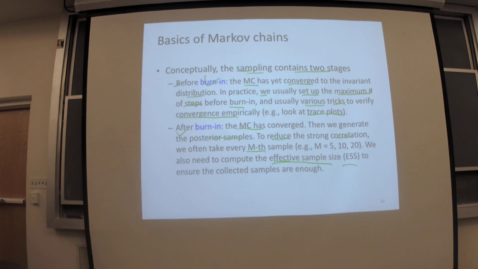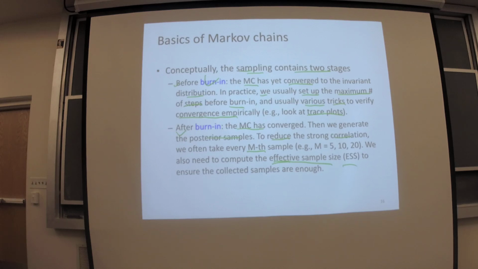So suppose we choose m to be 10 instead of 5. Does 10 guarantee lower correlation compared to when m is 5? Yeah, of course. But it does not mean they have a huge difference. It depends on how you define the transition kernel.